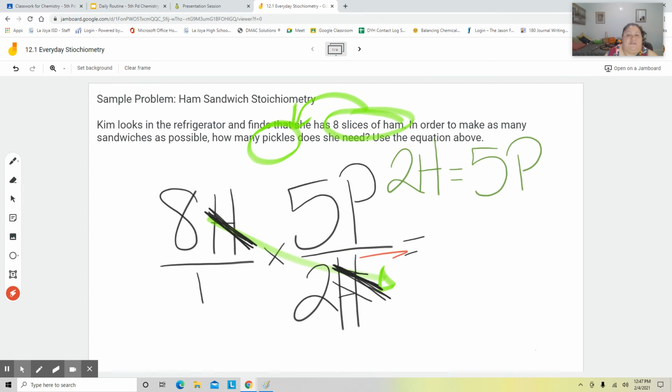Divide. Very good. You will multiply 8 times 5. And whatever you get is going to get divided by what number? 2. What's my answer? 8 times 5 and then divide your answer by 2.